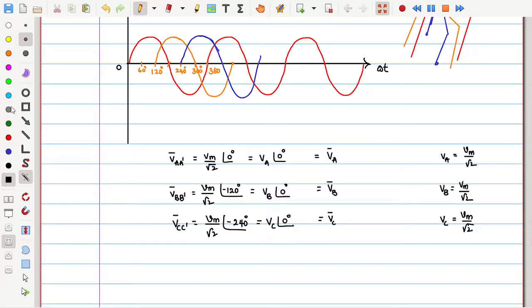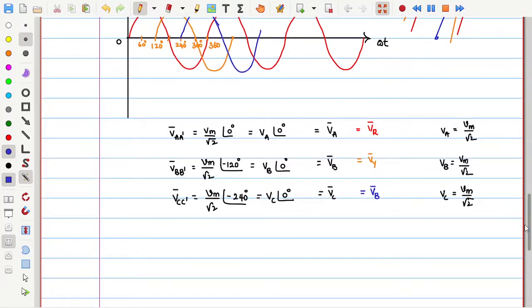Or one can even call them with color coding: the R phase voltage, where R is equivalent to A, and the Y phase voltage, where Y is equivalent to B, and blue is equivalent to the C phase. So we may use either of the notations, that you should understand.